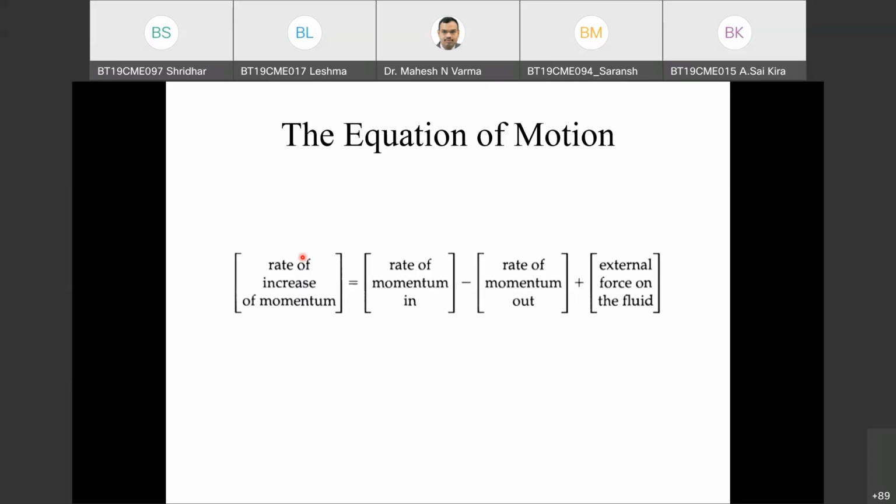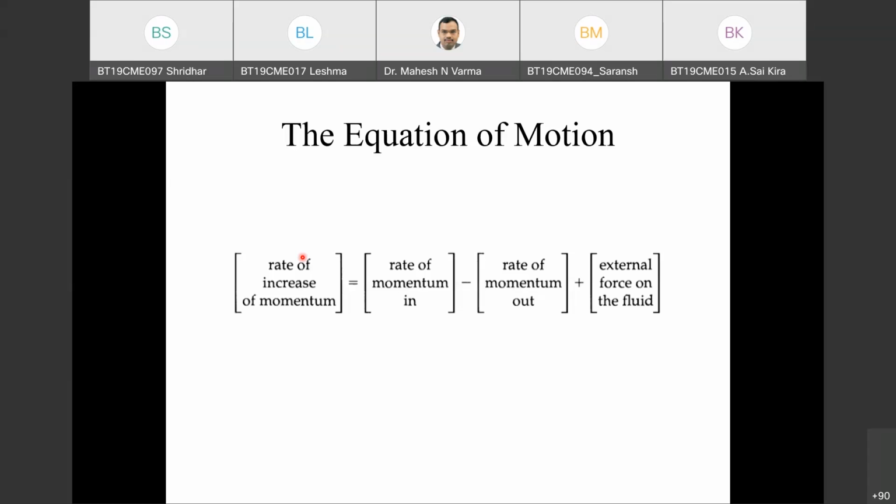One equation will be for x momentum, one for y momentum, and one for z momentum. X momentum will have three components: the x component of x momentum, the y component of x momentum, and the z component of x momentum. Similarly for y momentum, I will have the x, y, and z components of y momentum, and similarly the x, y, and z components of z momentum.